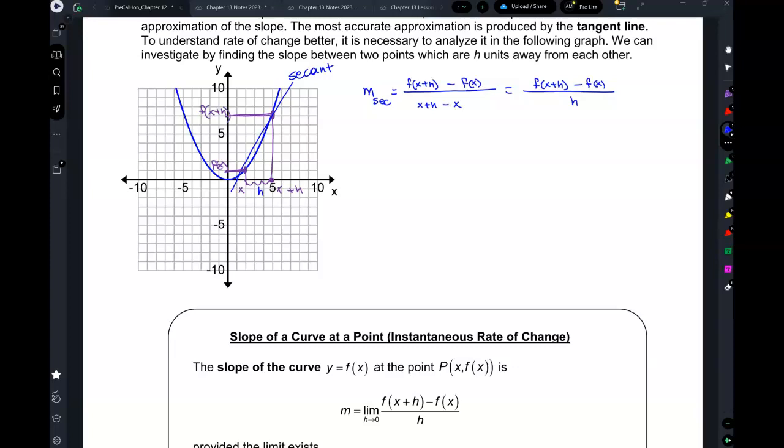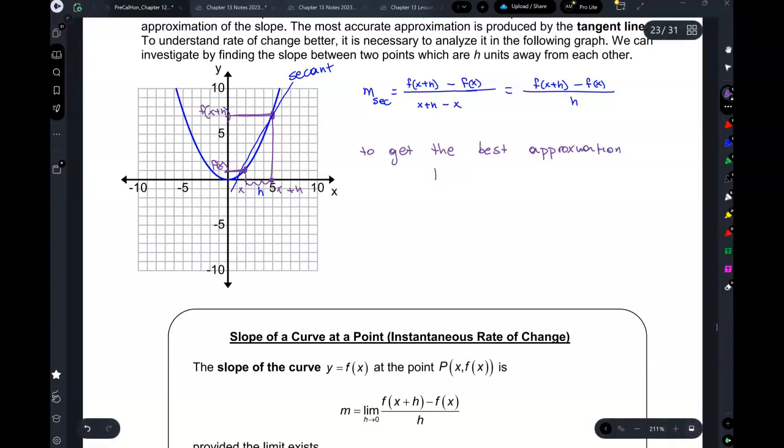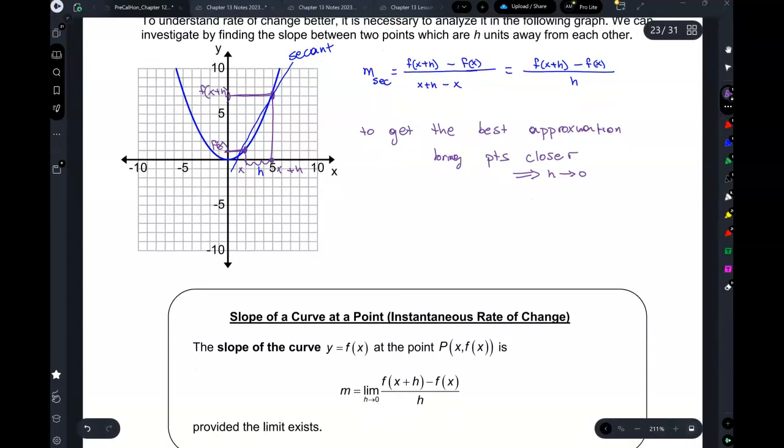Okay? So now, to get the best approximation, bring points together. Okay, we bring the points closer. That means h will approach 0. When that happens, the secant line becomes a tangent line. So now, instead of having the slope of the secant line, we have the slope of the tangent line.